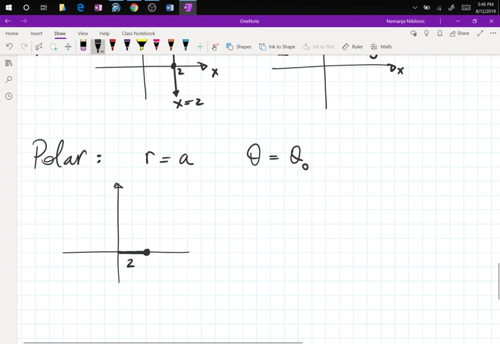What would this trace? Circle. Excellent. So this is going to be a circle of radius 2. Okay, it's a circle. And it goes through 2, and through x, negative 2, negative 2, 2.